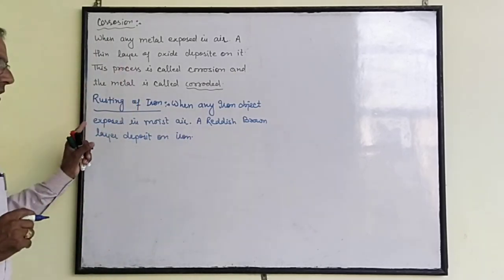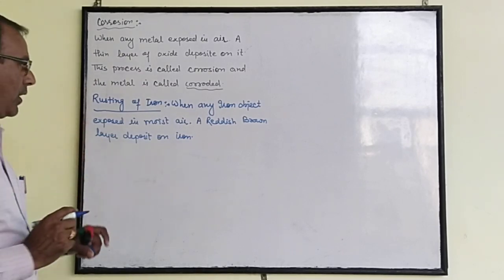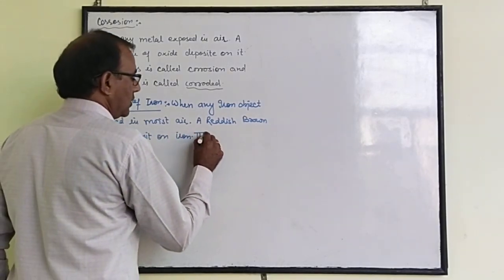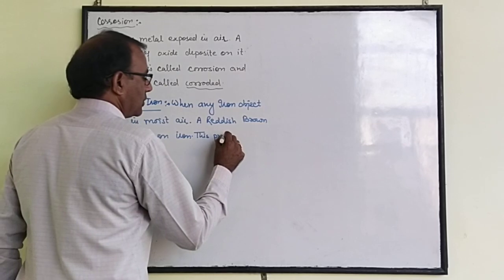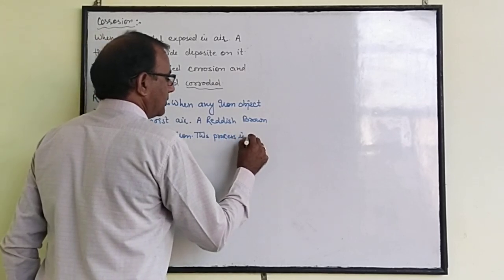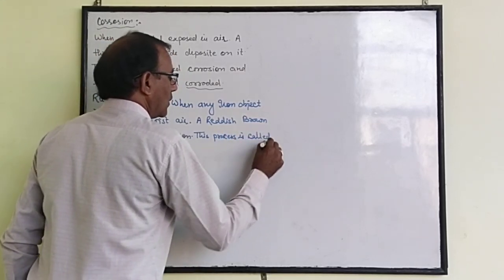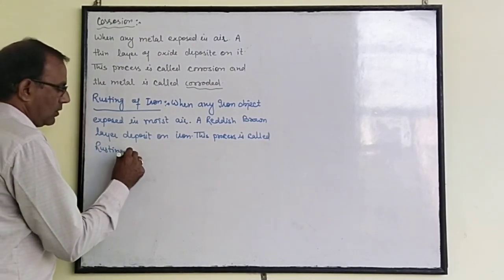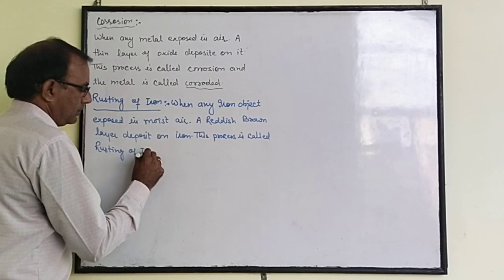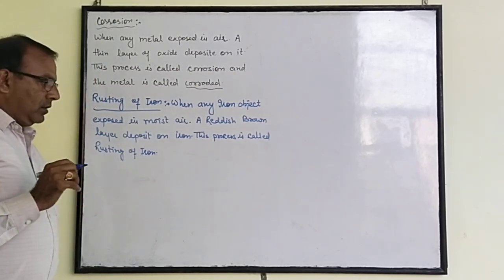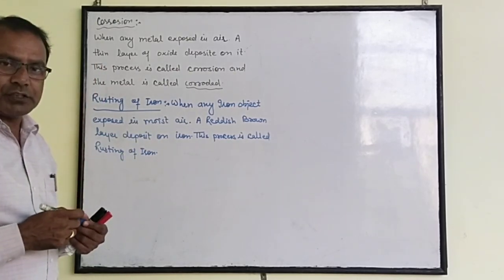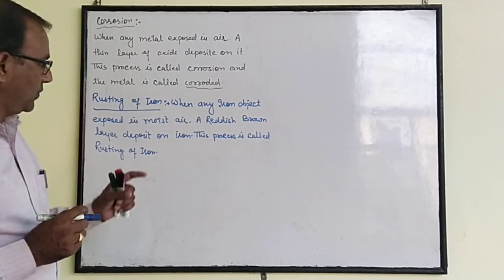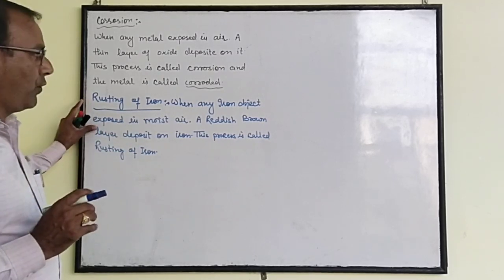This process is known as rusting of iron. The iron reacts with oxygen as well as water droplets, so this is called rusting of iron.